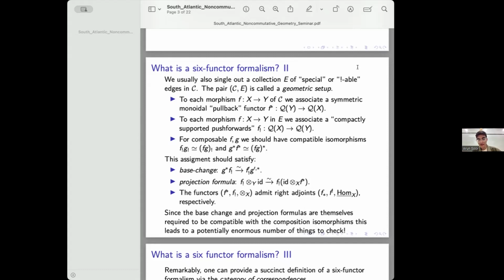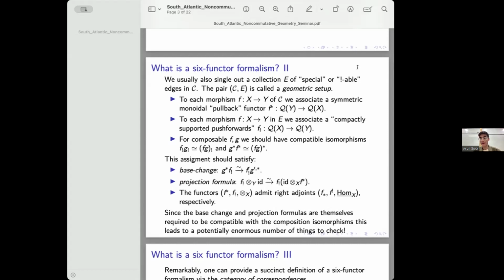And then to each morphism in this special class of edges, E, you associate a pushforward functor, which we can roughly think of, in many examples, as compactly supported pushforward. As you know, when you have the category of quasi-coherent sheaves, the pushforward functor has bad properties away from the quasi-compact case.